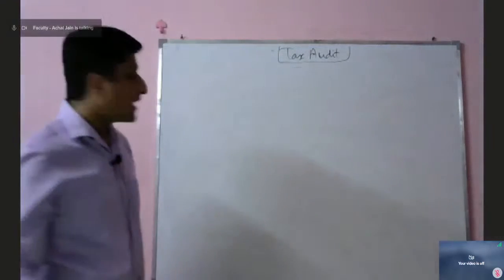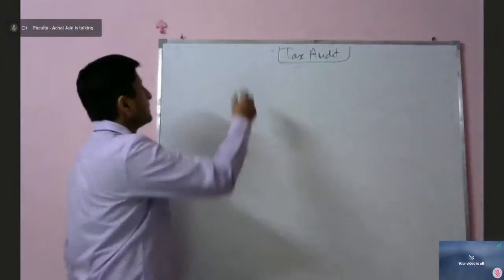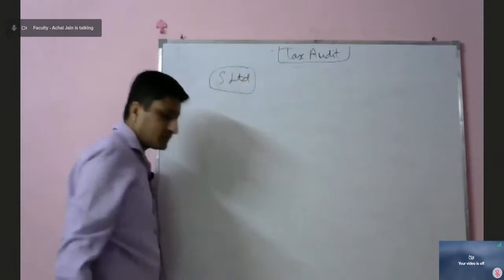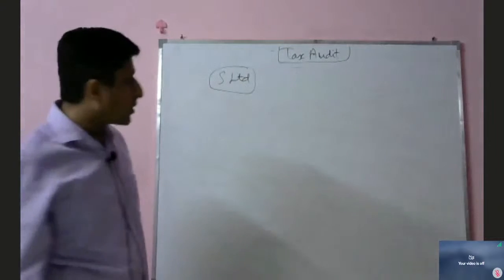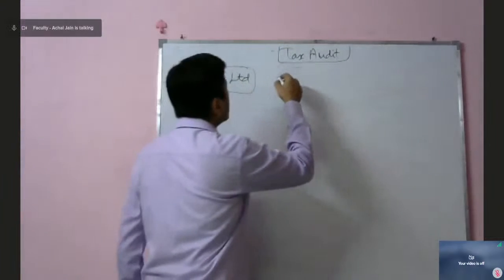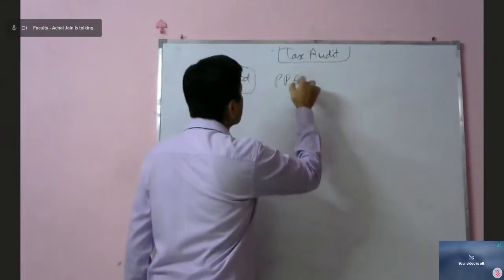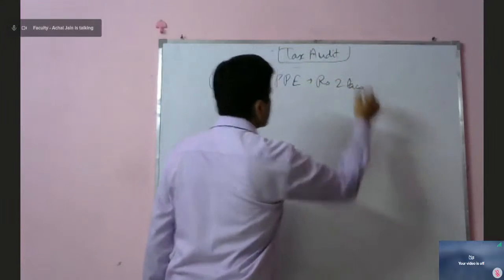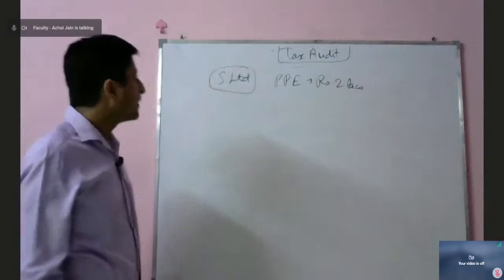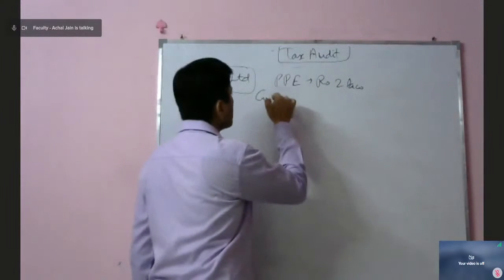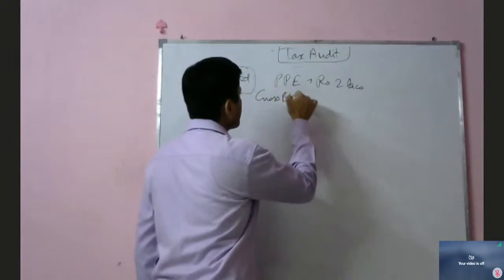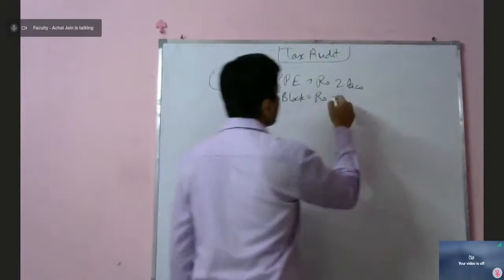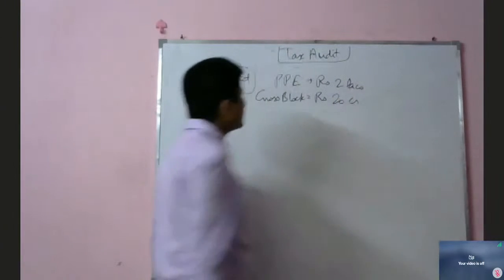Okay, so let's take the case of another company. Say it is S Limited. S Limited has one PPE amounting to rupees 2 lakhs. Their gross block is rupees 20 crore.